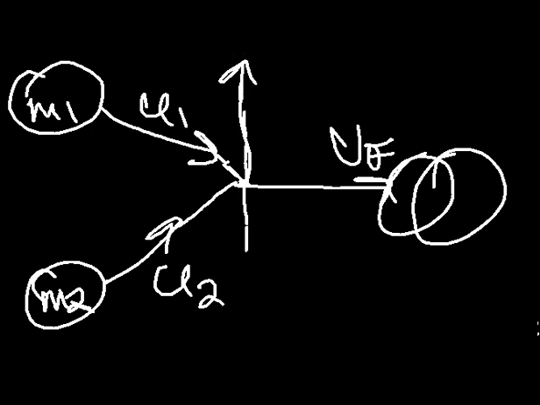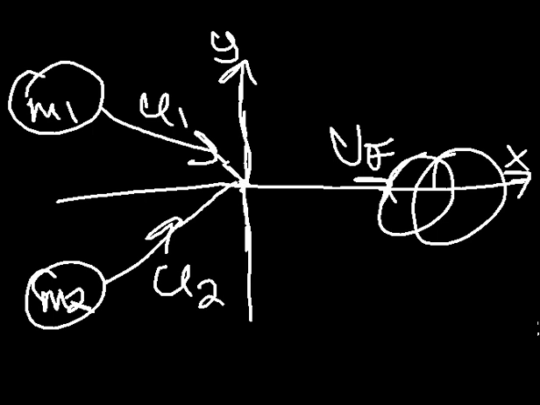We'll have to develop the xy coordinate system, the two-dimension Cartesian plane, where this is the y-axis and this is the x-axis. Having it in this way, we have that, and also we have this.